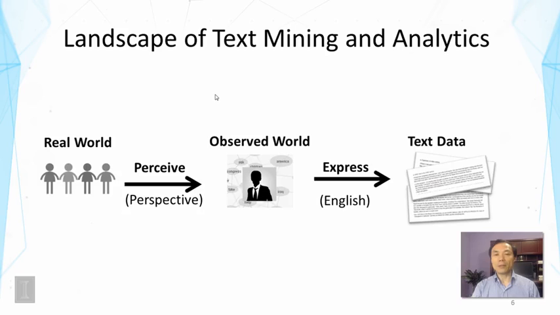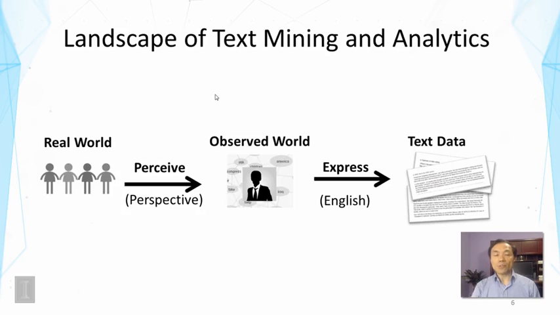But then the human would express what the person has observed using a natural language such as English, and the result is text data. Of course, the person could have used a different language to express what he or she has observed. In that case, we might have text data of mixed languages or different languages.